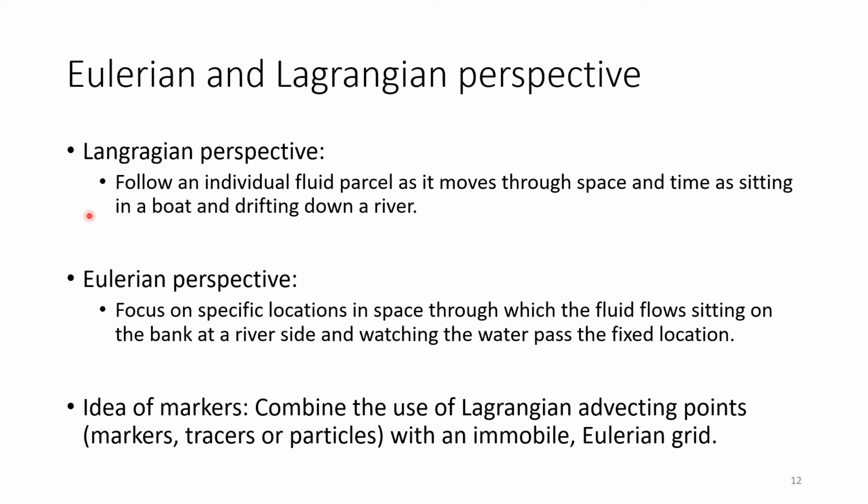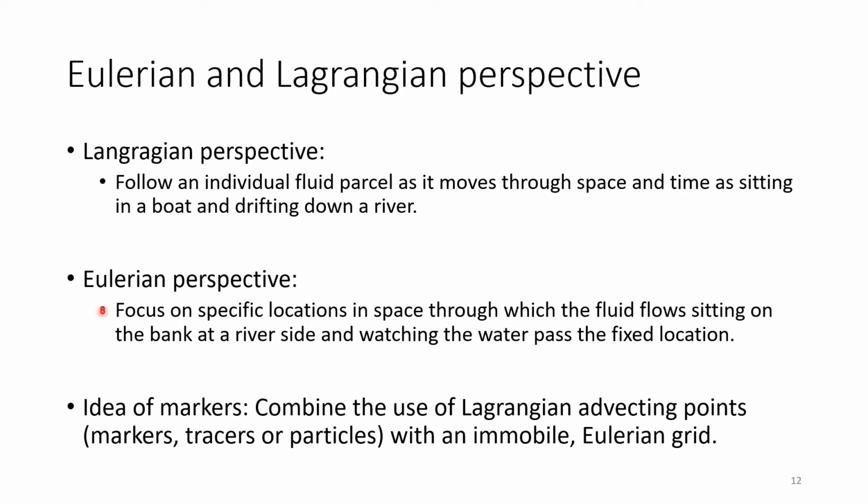The Lagrangian perspective is more of those point or Marcus ideas, meaning you're inside the system, like sitting in a boat and you're relatively moving, looking at the particles moving around you as you drift down the river.